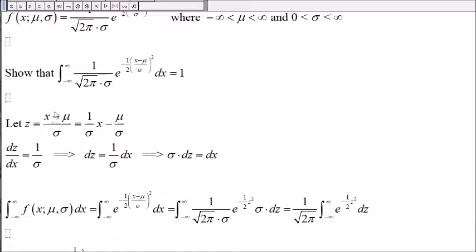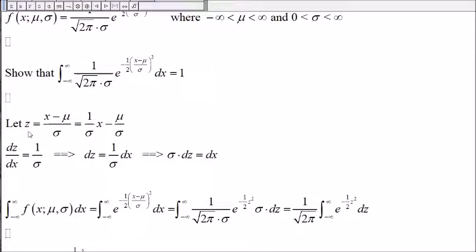And so first, let z be the expression x minus mu over sigma, which is the same as 1 over sigma times x minus mu over sigma.